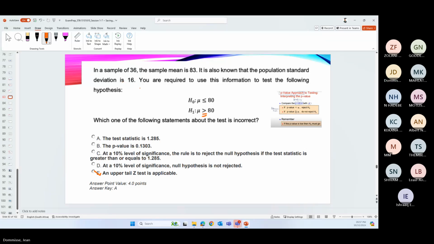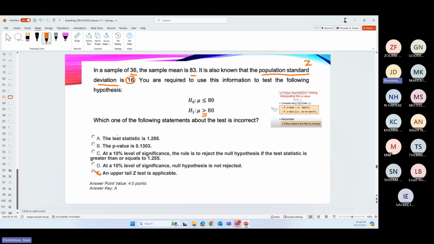So again, what we will check here is, firstly, are we working with standard deviation known or unknown? The sample comes with a mean. It is also known that the population standard deviation is known. So again, we work with a Z. So it's a very similar type of question.